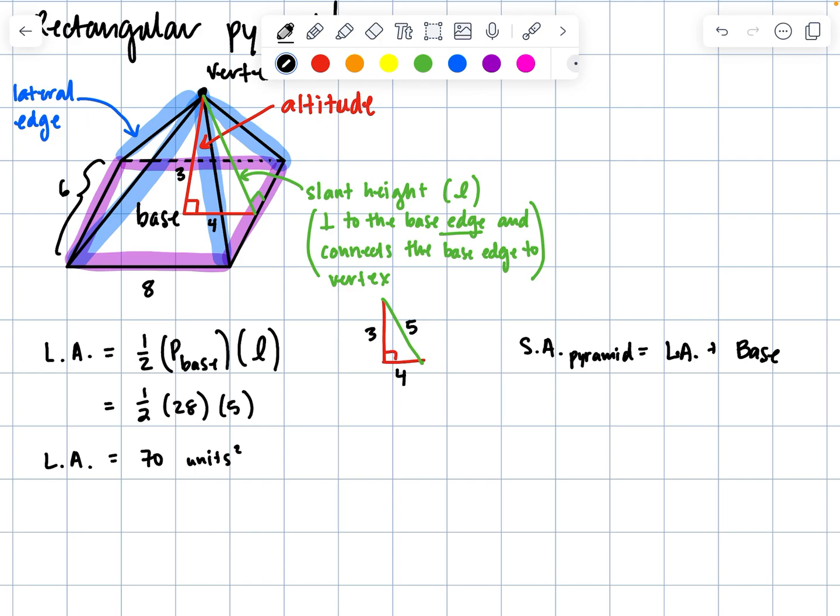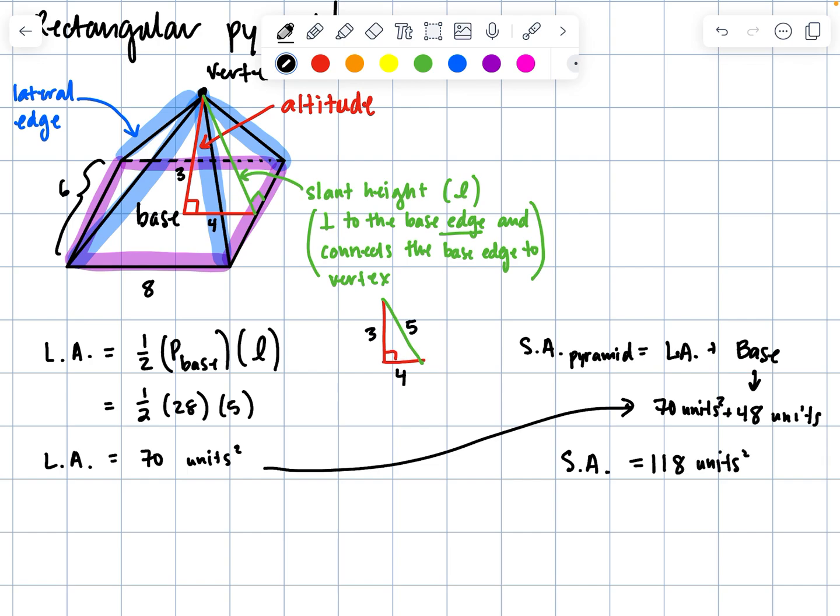Okay, so in this particular case, the purple part, or the area of this base, is going to be equal to 6 times 8, which is 48 units squared. We know the lateral area here is 70 units squared. And we can just add these together. So the surface area of this particular pyramid should be equal to 118 units squared.